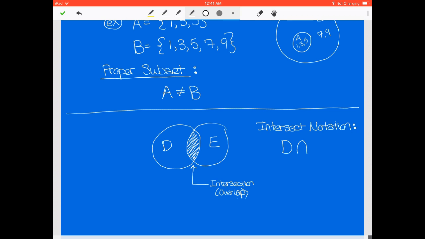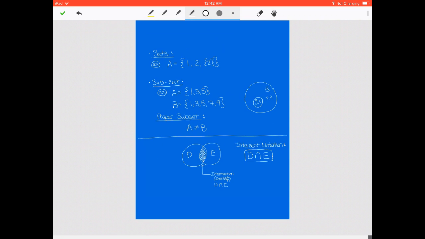Notation-wise, we can write it as D with that upside down U and E. This right here is saying this. So it's showing the set of these numbers here. We want to look at the intersection of those two sets. That's how we represent it in notation.